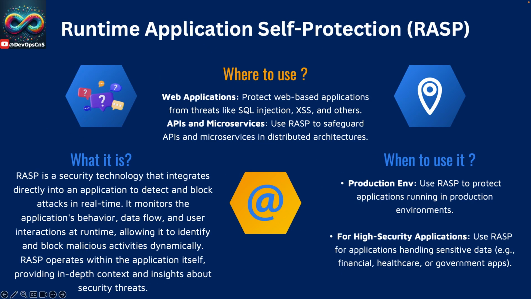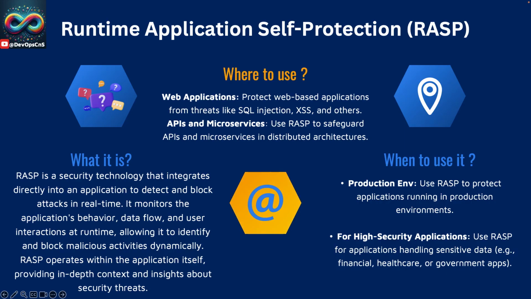So next is runtime application self-protection. Runtime application self-protection is a security technique that integrates directly into the application to detect vulnerabilities and block attacks in real time.